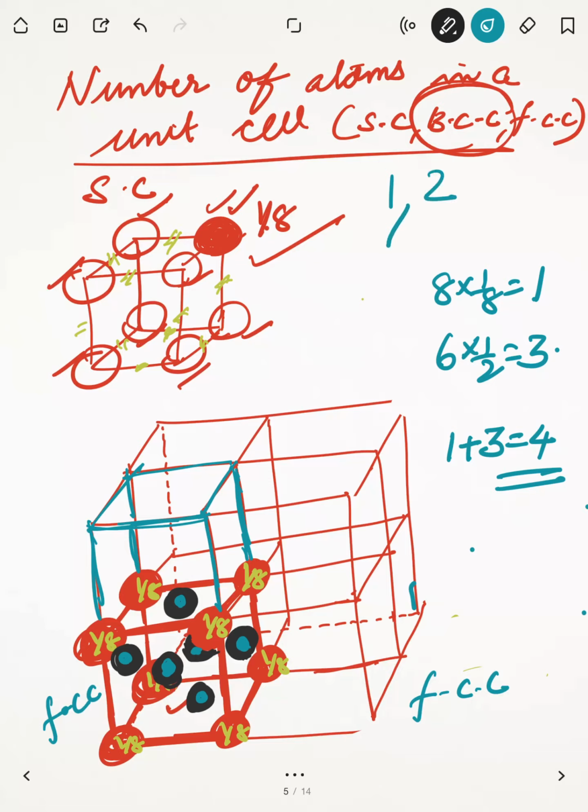Number of atoms present in FCC is 4. We represent this number of atoms by the letter Z. Z is equal to 1, simple cube. Z is equal to 2, BCC. Z is equal to 4, FCC. So these are the total number of atoms.